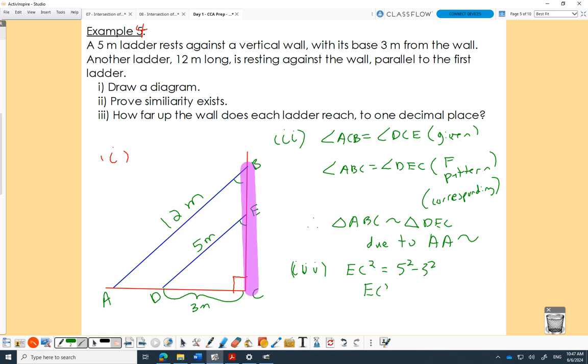EC squared equals 16. EC equals root 16. EC equals 4, and put it, oh, you guys were so good at this. Put it on the picture. Right there. 4.